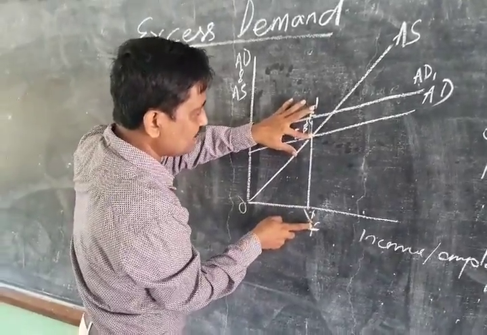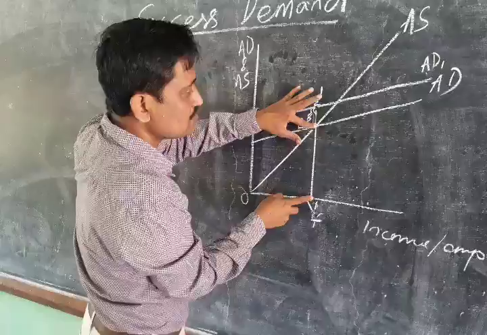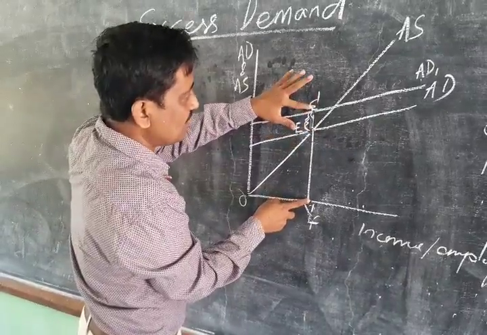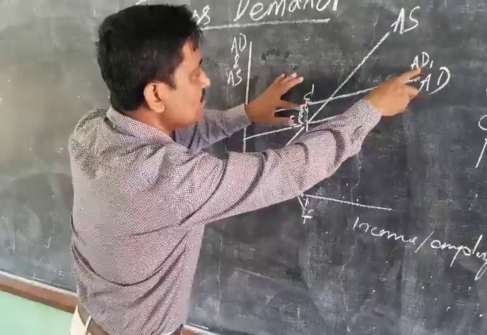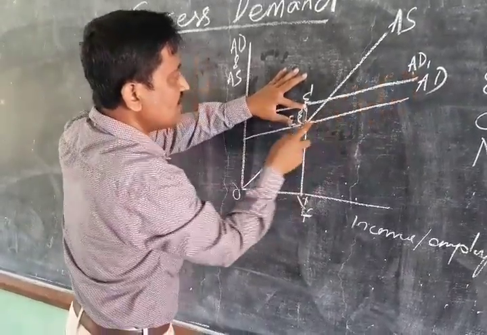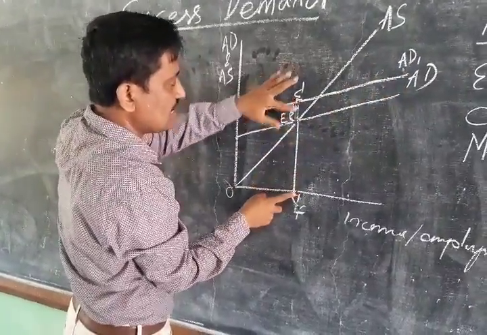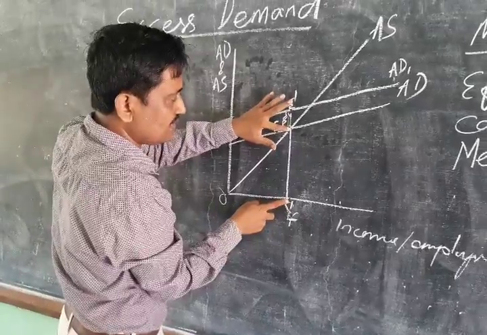At full employment level, this is the aggregate supply, and because of your investment increase, AD1, now the aggregate demand is this much and the supply at full employment is this much.